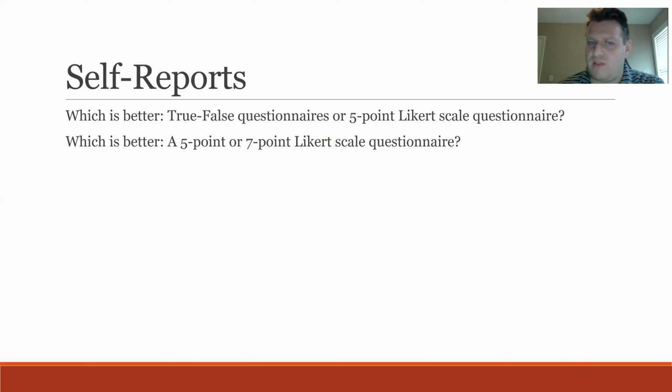Someone might say that the 7-point is better because now you have even more options. But then I give an extreme example, something like, why not use a 1,000-point Likert scale? Why would you not do that? There's many more points in the 1,000-point Likert scale than there is in the 5 or 7.